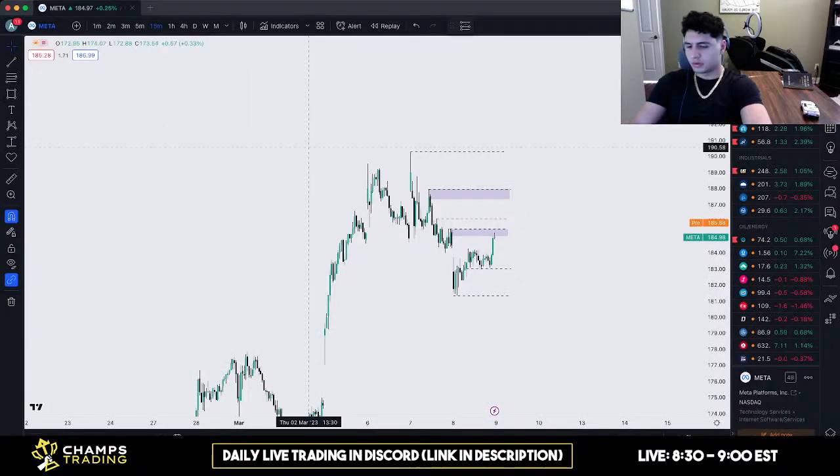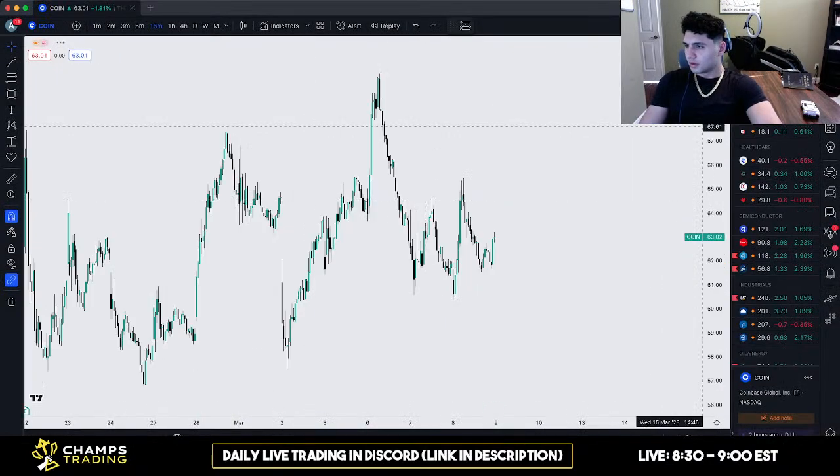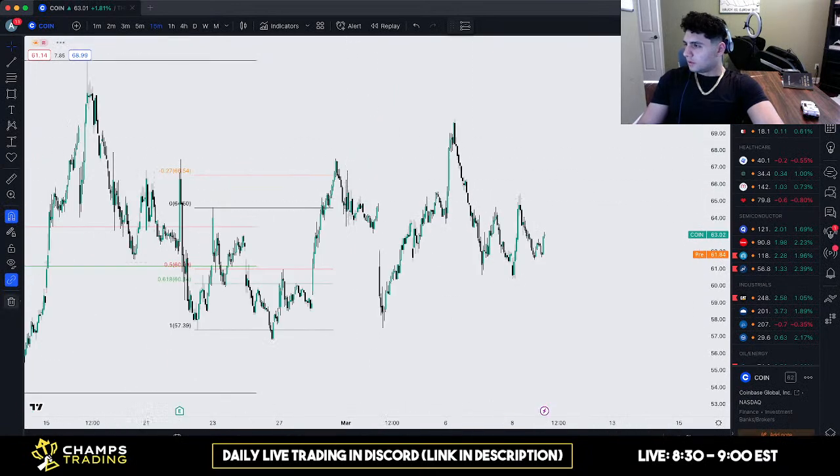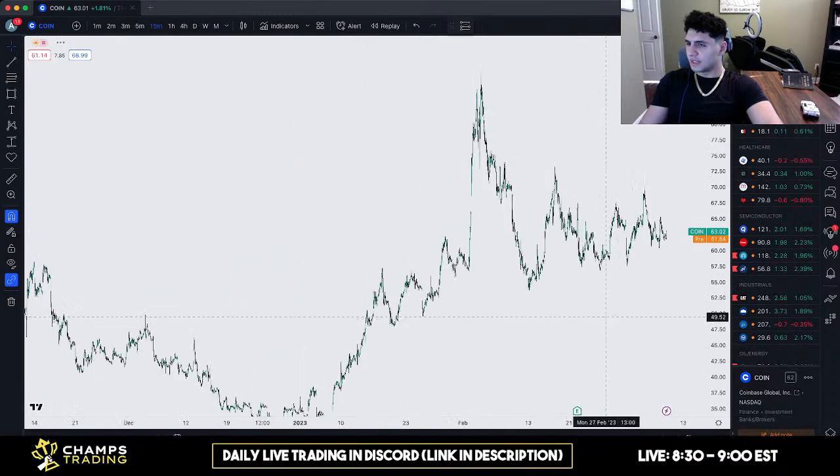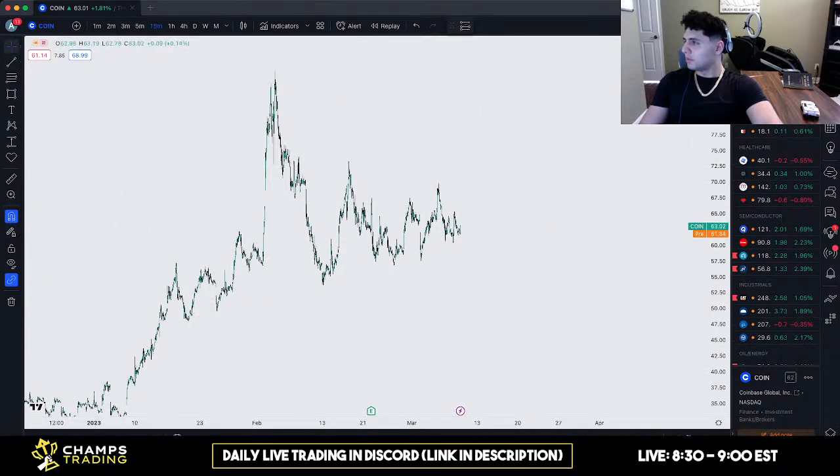Coin. Let's go over Coin. Okay, with Coin, what we're seeing is that there's this little pattern forming here. Not necessarily that I trade patterns, but it's just something to take note of.